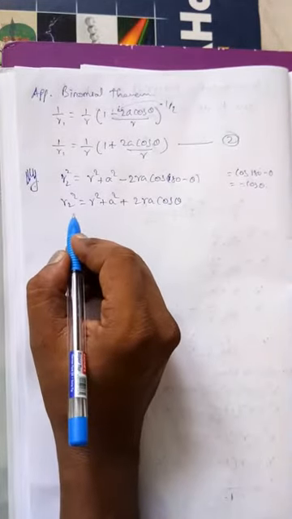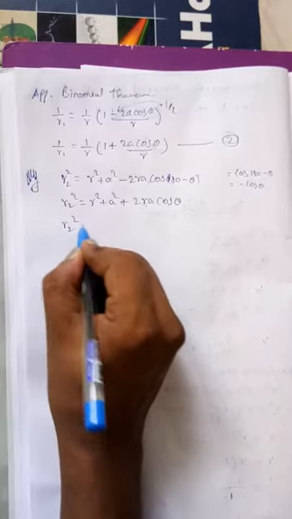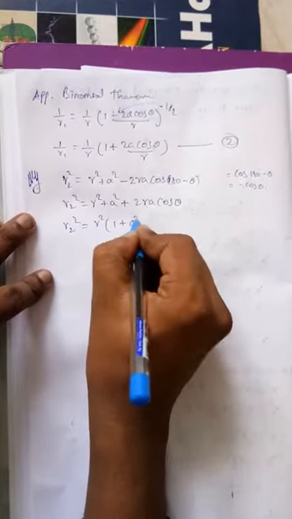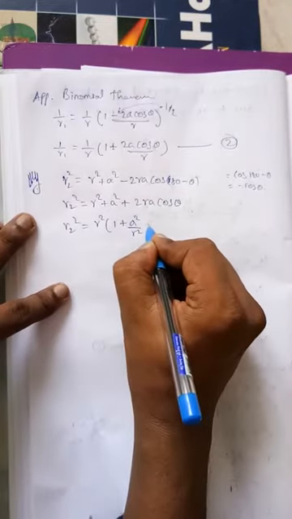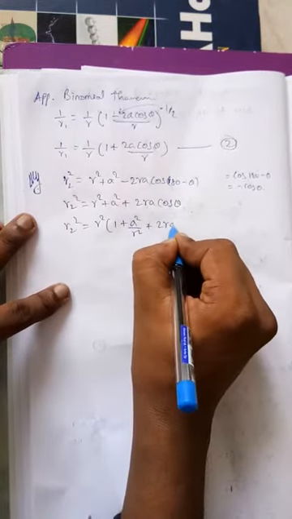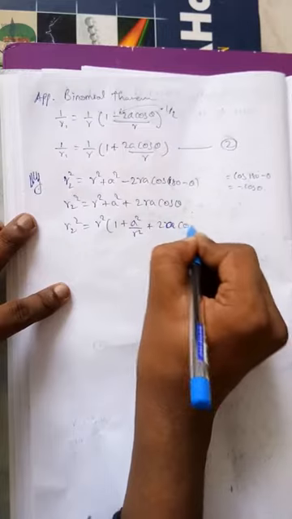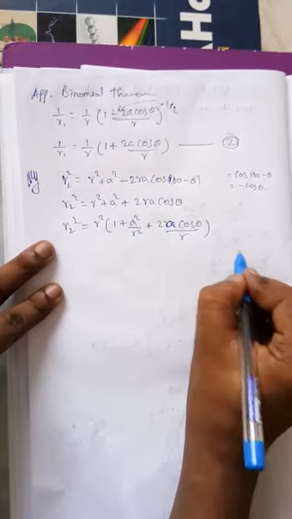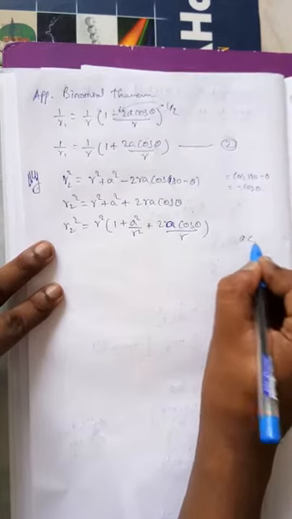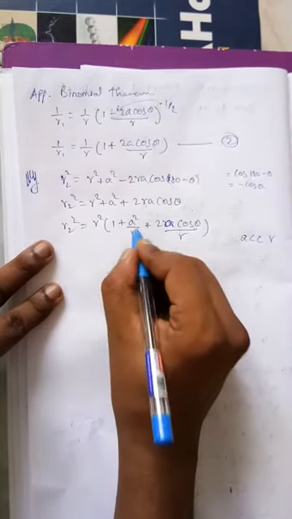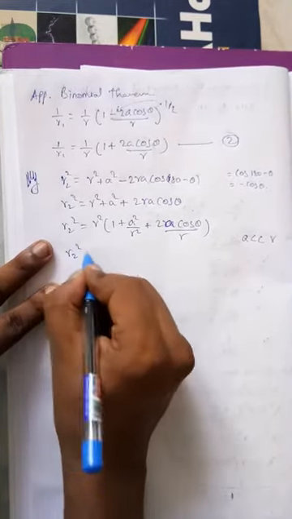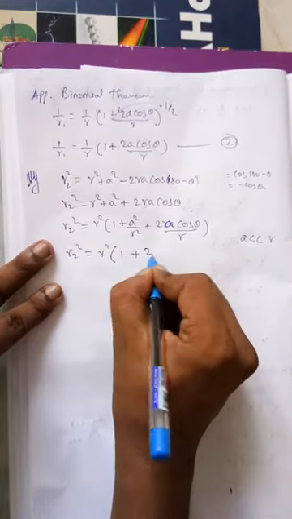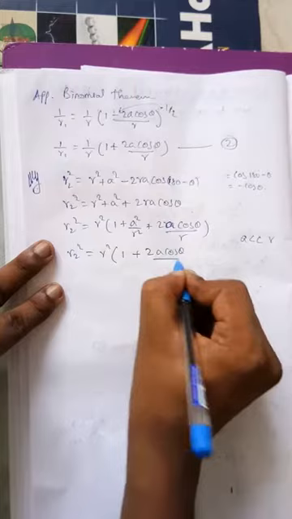See, again the same method, R2 square, R square you take outside, R square is equal to (1 plus a square by R square plus 2a cos theta by R). So again a square by R square is neglected because a is very much less than R. So a square by R square neglected, R2 square is equal to R square (1 plus 2a cos theta by R).